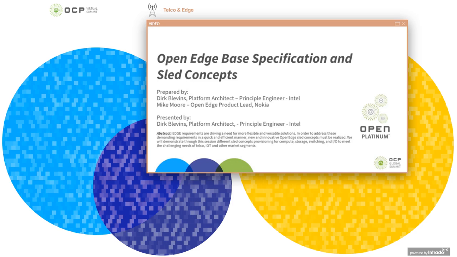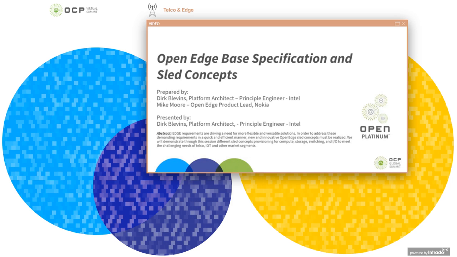With that said, when we look at what we're going to be talking about today, we're going to be talking about a new base specification that we're working on under the OpenEDGE subcommittee. And we're also going to be talking about some different ideas for some sled concepts and the needs for each of these. We're seeing the edge evolve. We know that things are changing, things are shifting, getting more complex.